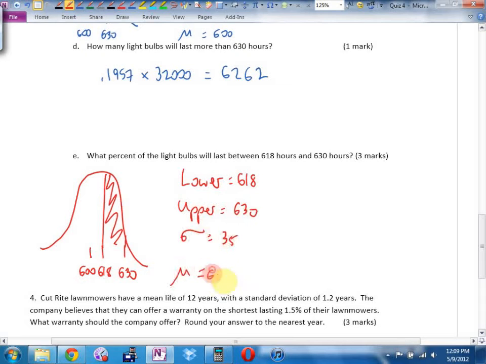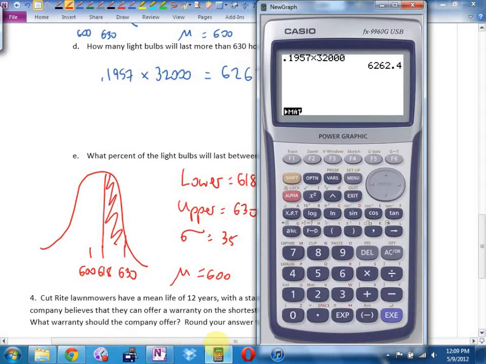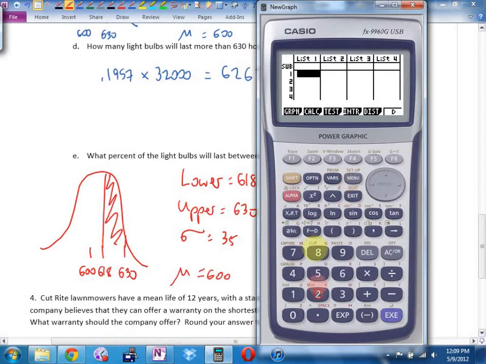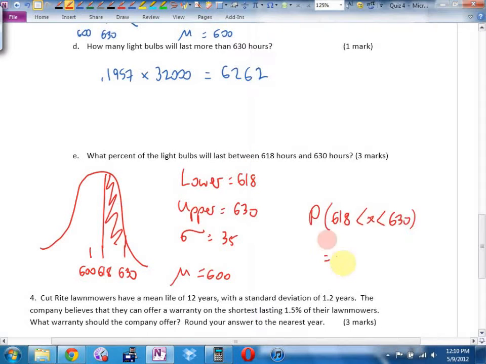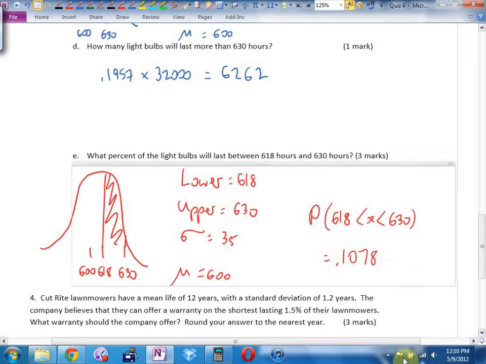Mean was 600. The probability that we're between 618 and 630 is, (618, 630, 0.1078. And again, you could also do it as a percentage.